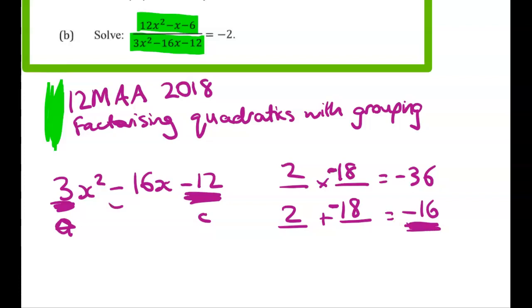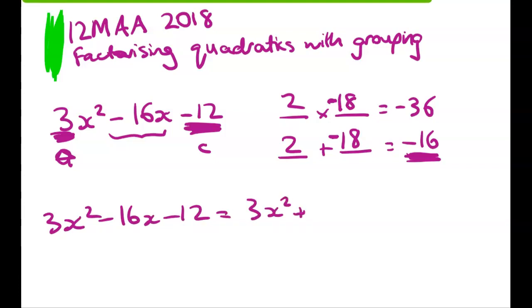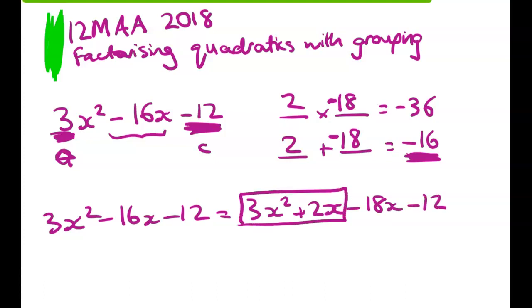That means I can break up this middle term as follows. So 3x squared minus 16x minus 12 equals 3x squared plus 2x minus 18x minus 12. Now we're going to factorise these first two, and factorise these last two, and hope that we get a common factor.